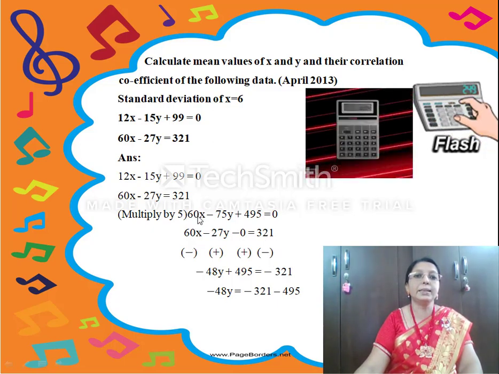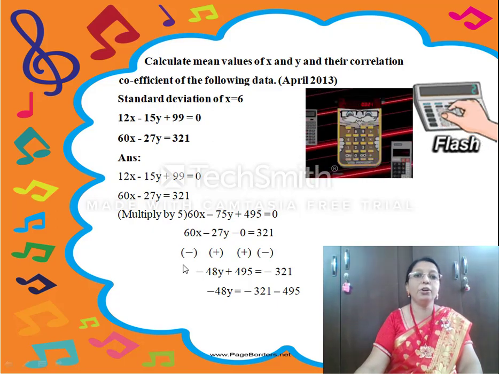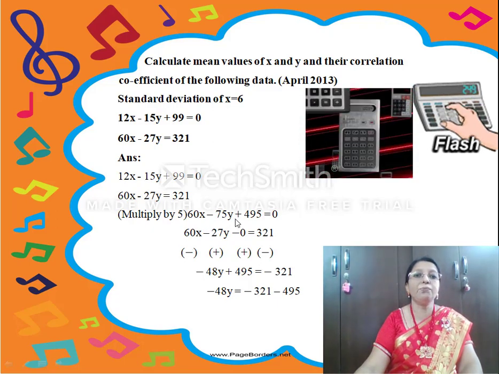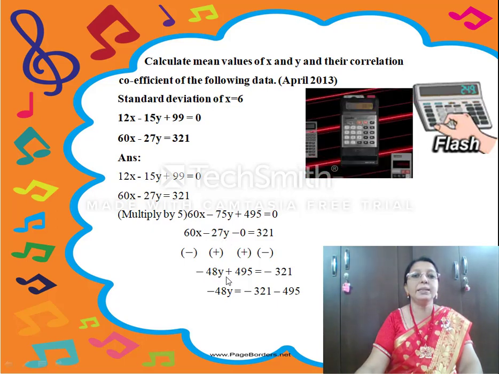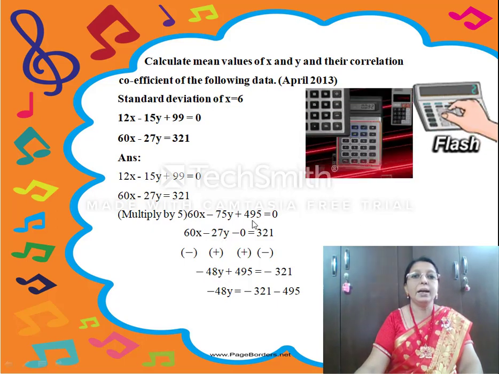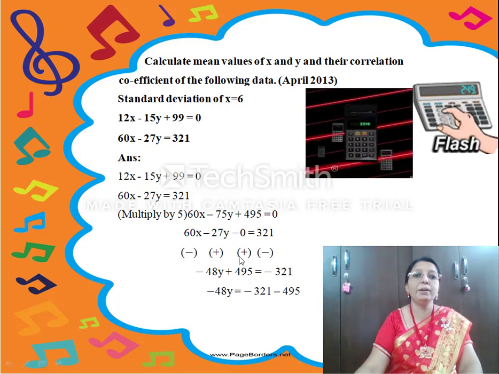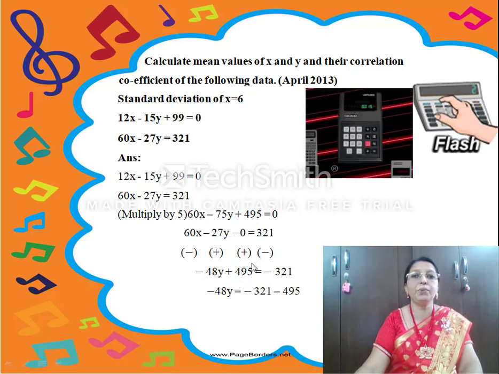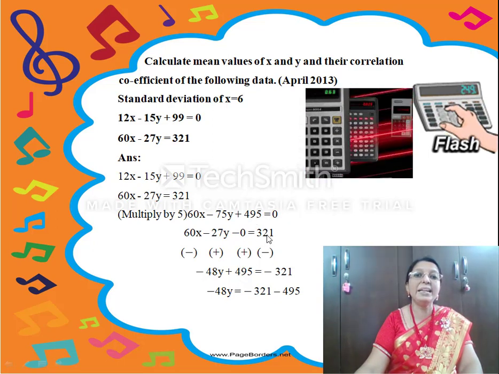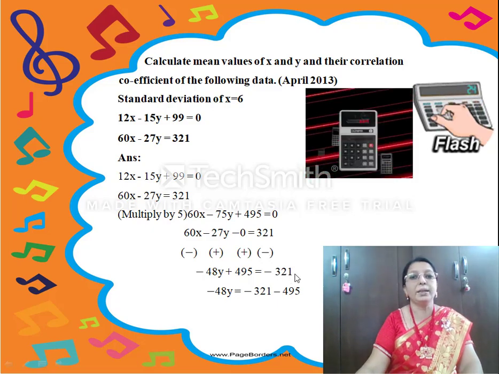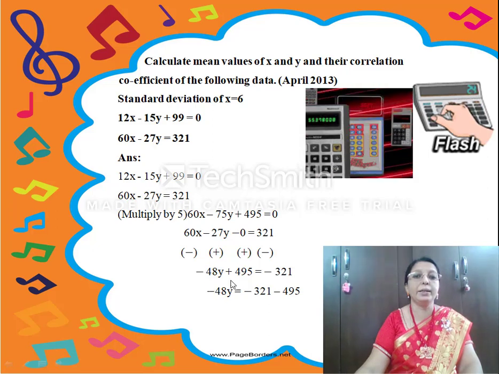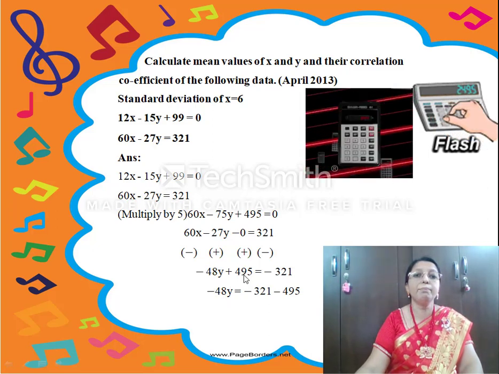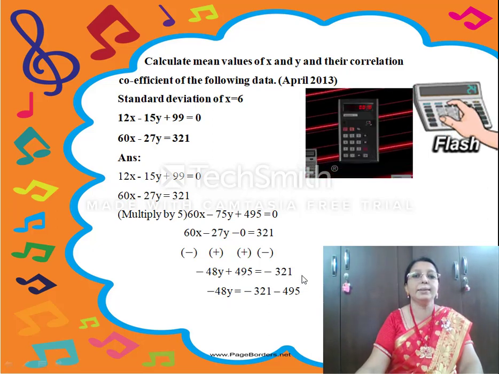Now 60x minus 60x becomes 0 and I have minus 75y plus 27y which gives me minus 48y. Then I have 495 plus 0 which is 495 and 0 minus 321 which is minus 321. Now keeping this 48y on my left hand side, I move the other terms to the other side.